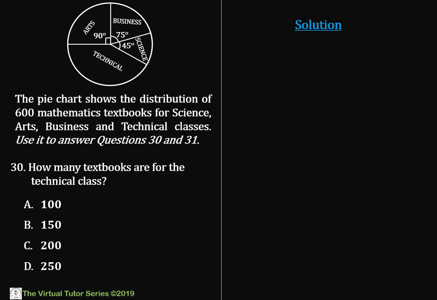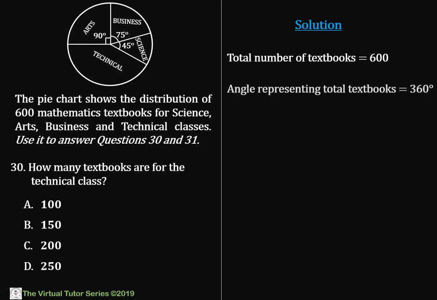We have the total number of mathematics books distributed to be 600. To be able to determine the number of textbooks for the technical class, we need to first determine the angle representing textbooks for the technical class. We know the angle representing the total textbooks to be 360 degrees.